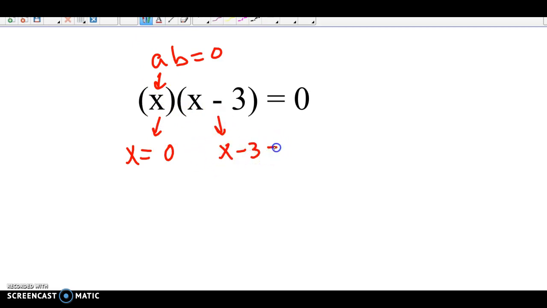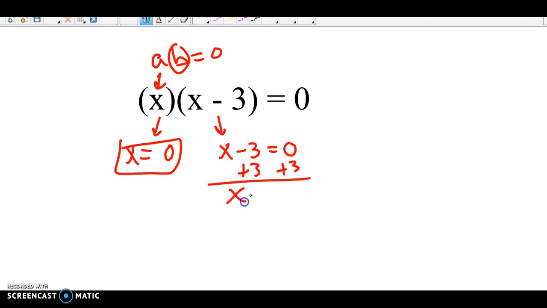Just because it's a binomial, that thing in the parentheses essentially stands in place of b here. So either x equals 0 or x minus 3 equals 0. Well, x equals 0, that's solved. If x minus 3 equals 0, then according to chapter 1 for us, x would equal 3. So I have two answers.